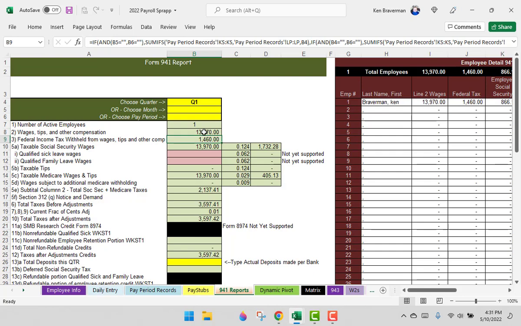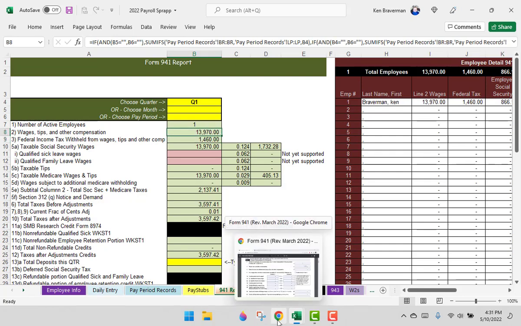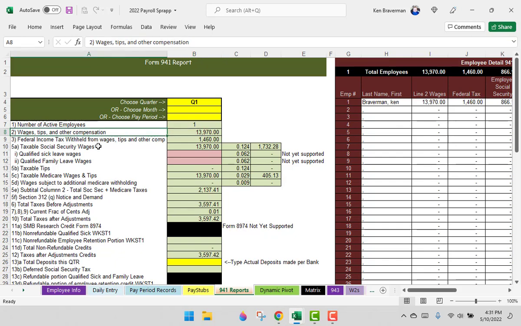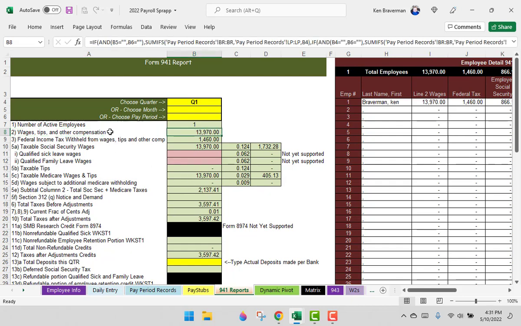Next, those wages amount. I'm not going to have a really long discussion about what is taxable wages and what's not taxable, because that's a whole other video, and it's a discussion about the Circular E, Publication 15, which really discusses what is taxable and what kind of withholdings or deductions are not taxable. But this is the taxable amount.